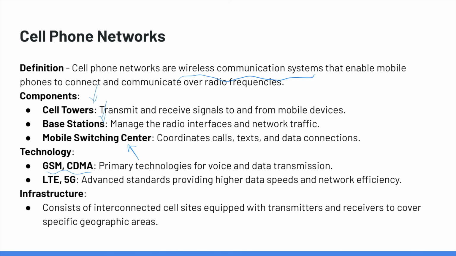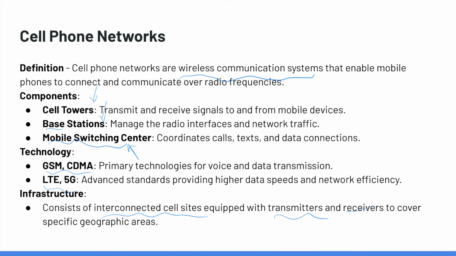It basically uses technology like GSM and CDMA, or LTE and 5G in the case of using mobile internet. And again, the infrastructure is interconnected cell sites equipped with transmitters and receivers to cover areas. We talked about the mobile switching center as being the main piece of infrastructure between cell towers. But if you're connecting to the internet, there's probably going to be some other internet-enabled infrastructure.